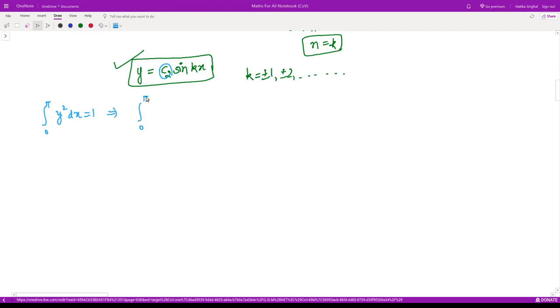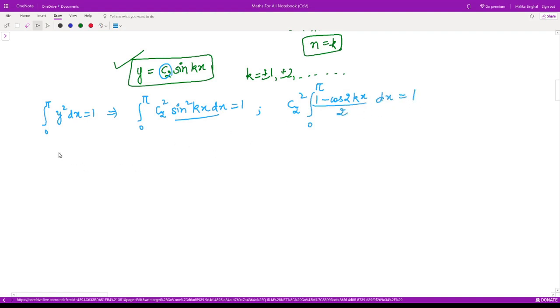So let me solve this. I have integration from 0 to pi. What was y? Y was this. So we have c2 square sine square kx dx is equal to 1, right? So c2 square I can take common. So I have integration from 0 to pi, sine square kx, I can write this as 1 minus cos 2kx divided by 2 into dx is equal to 1.